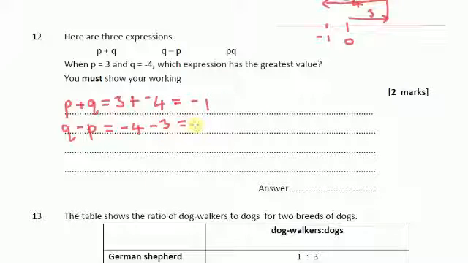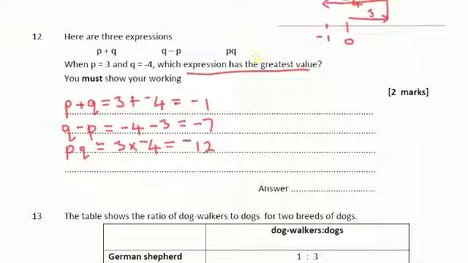That's straightforward. p times q, that means it's 3 times negative 4. And whenever we have a positive times a negative, the answer is always negative, and 3 times 4 is 12. So we have three answers, -1, -7, and -12. So on a number line, to see which one has the greatest value, let's make another number line.